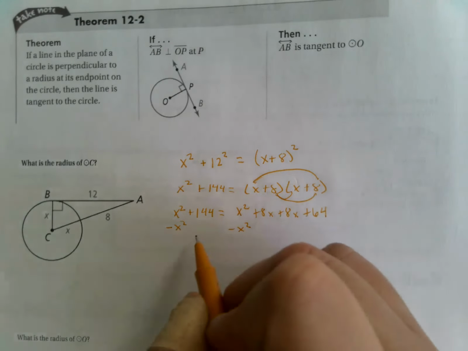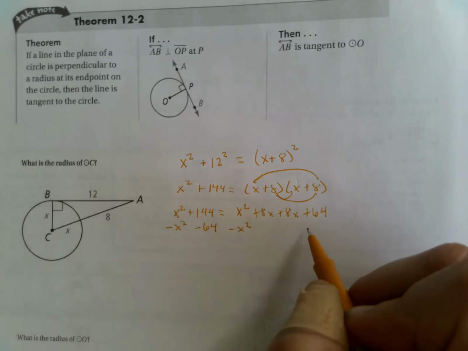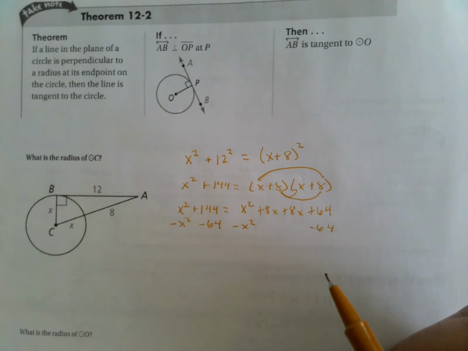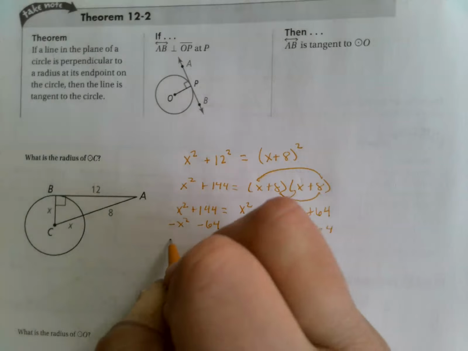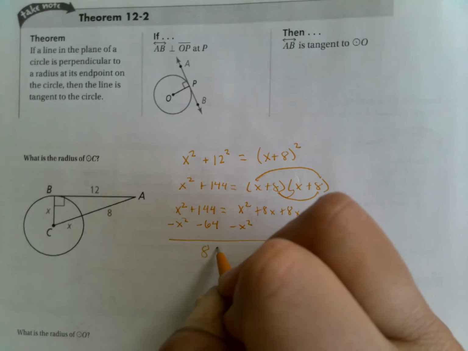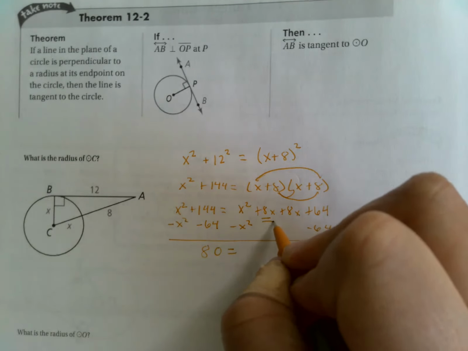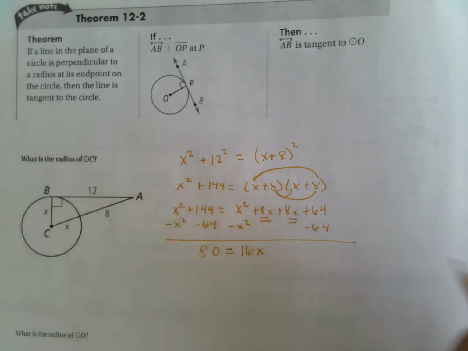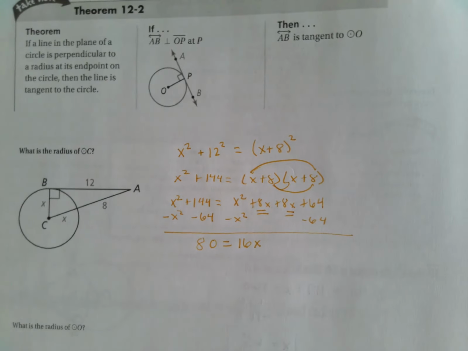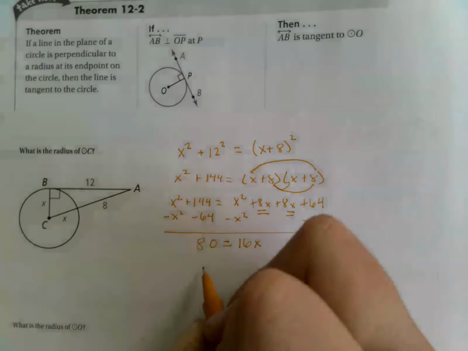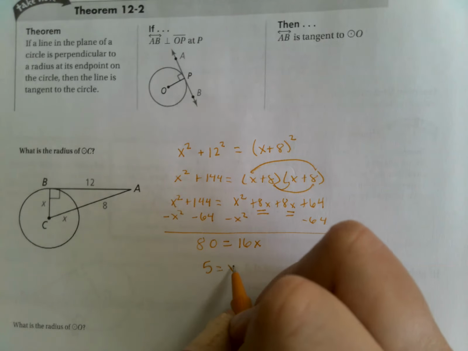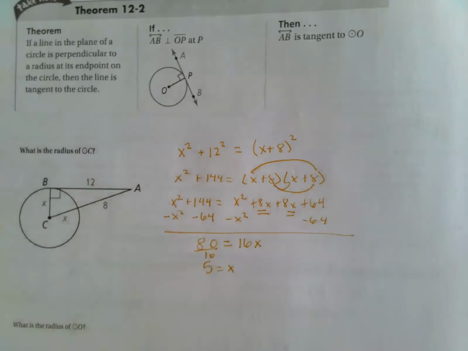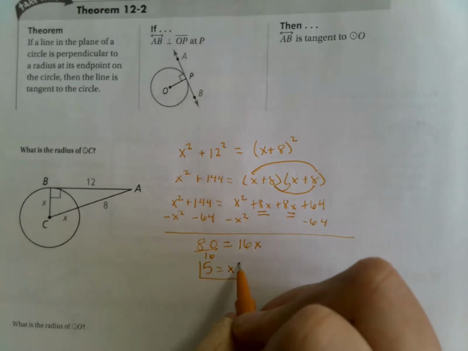I'm going to subtract this 64, and this becomes 80 is equal to, combining these like terms, 16x. If I divide by 16, x is equal to 5. So my radius here is equal to 5.